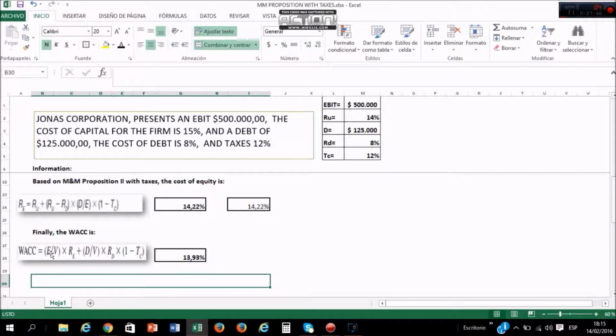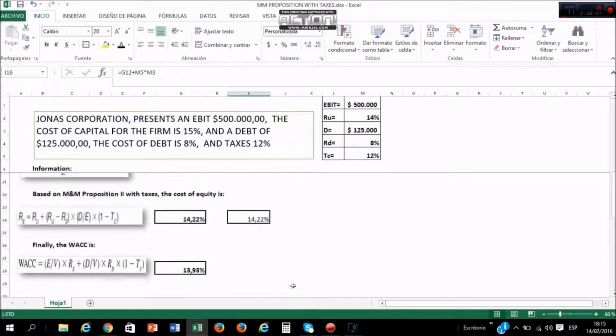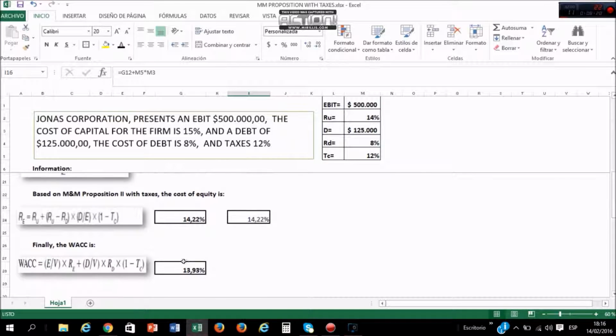The WACC is equal to the equity divided by the value of the enterprise with debt, multiplied by RE, the cost of equity, plus debt divided one more time by the value of the leveraged firm, multiplied by the cost of the debt and by the tax shield.